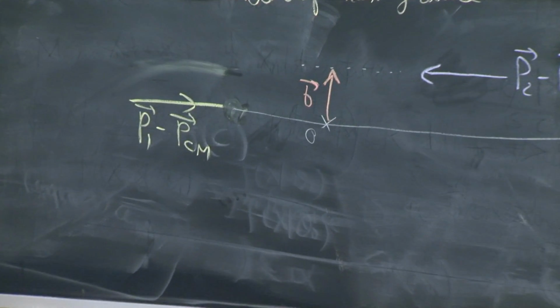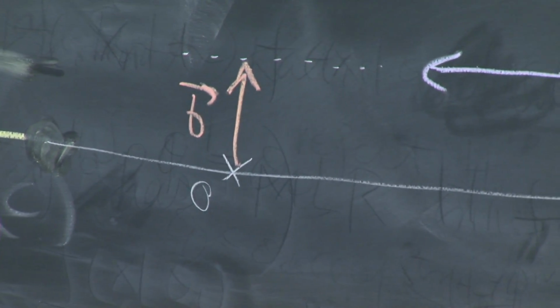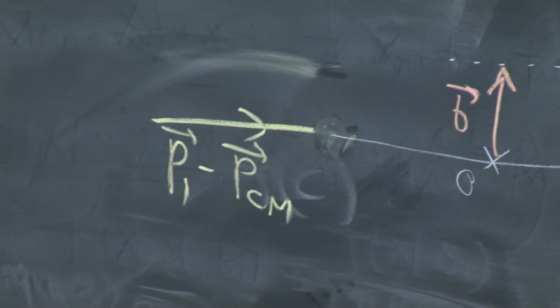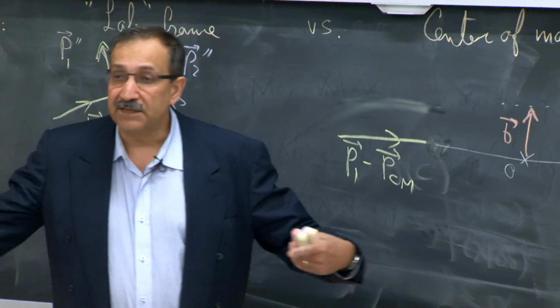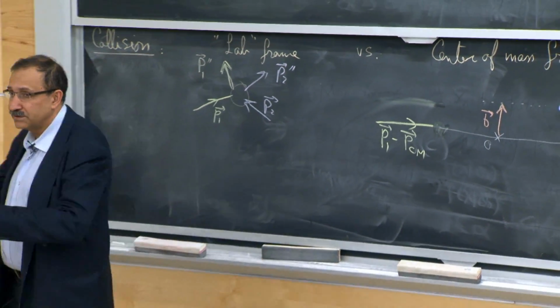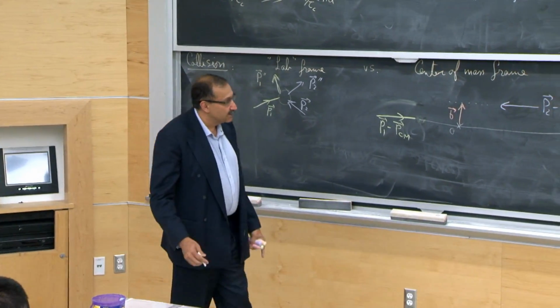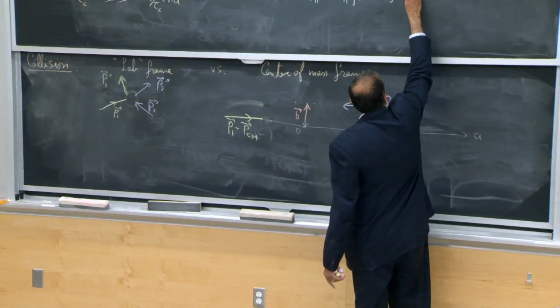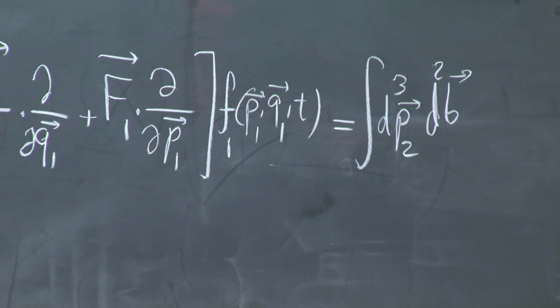And really, what happens to the collision is classically determined by how close they approach together. To quantify that, we really need this impact vector. So B equals 0, they're coming at each other head on. For different B, they're not coming at each other head on, they're coming at some angle. So really, I need to put here a d2B. Okay?